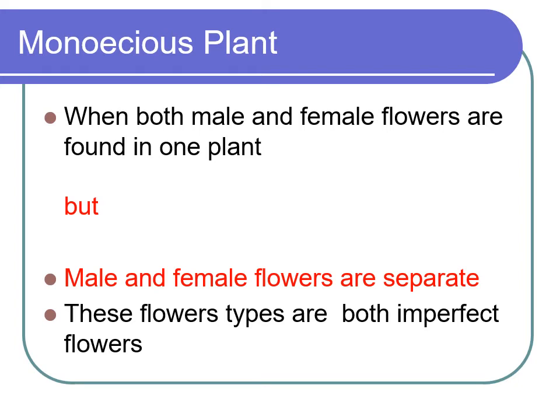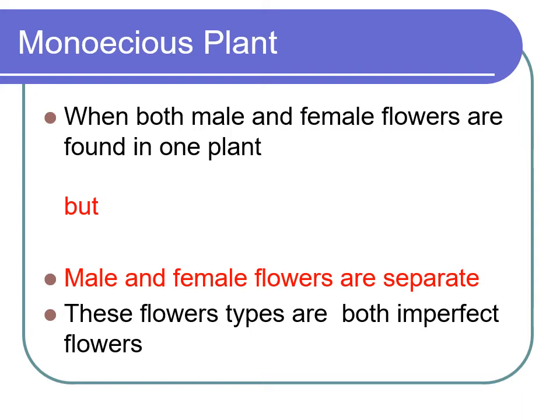Now, looking at plants that have different gender flowers, there's a couple of terms we need to come to grips with. One is monoecious plants, and the other is dioecious plants. Monoecious plants have both male and female flowers on the same plant. To help you remember this, the word mono means one.